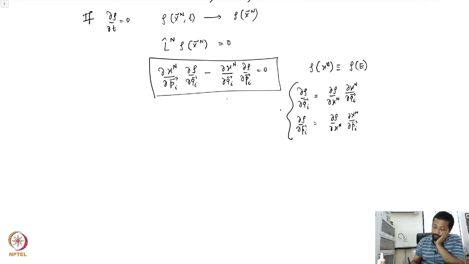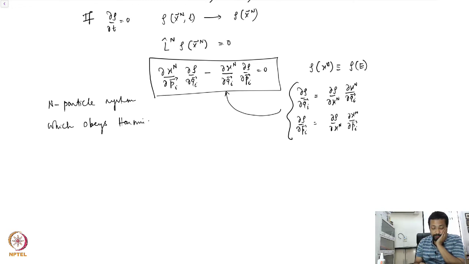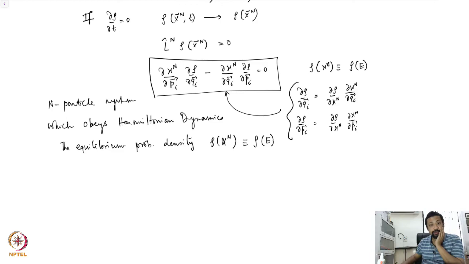And when you substitute these over here, you will see that this is going to give you 0. So a very important thing: for an n particle system which obeys Hamiltonian dynamics, the equilibrium probability density rho of E of xn must be a function of the energy, right?